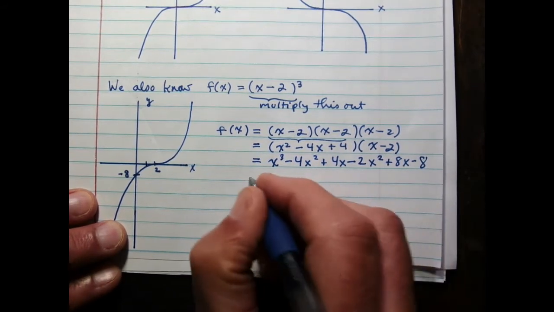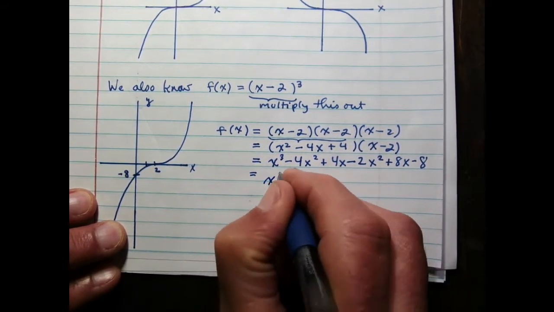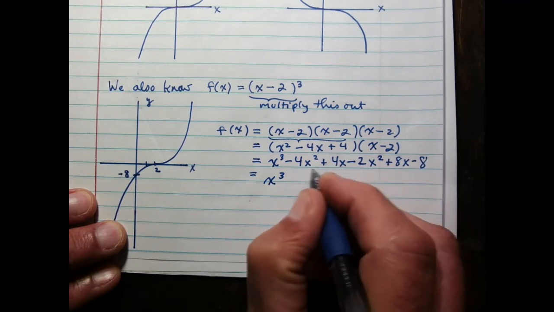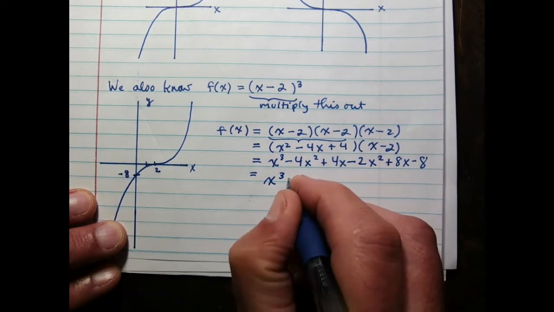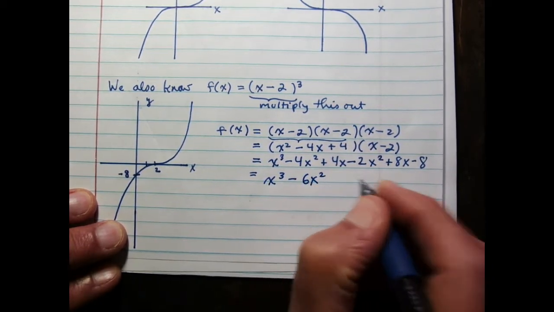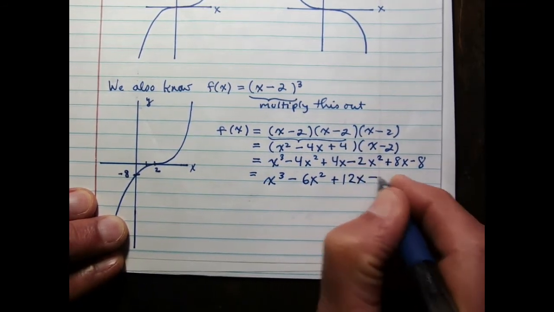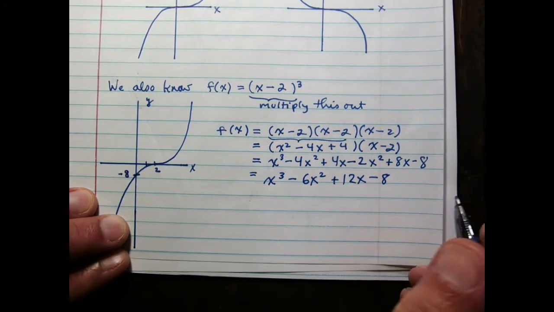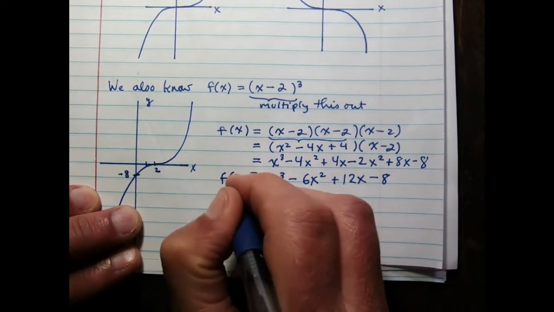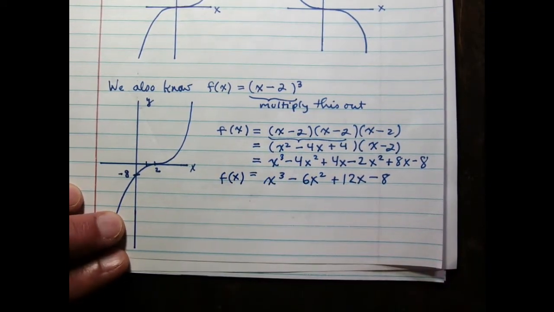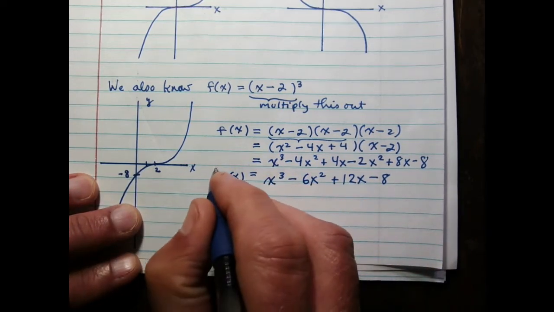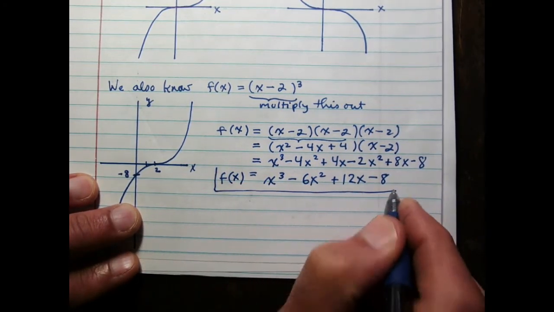And combine like terms. So I have x to the third minus 4 minus 2 is minus 6x squared. And then I got 4x plus 8x is 12x, minus 8. If I write the function in this multiplied out form, this is the same function.